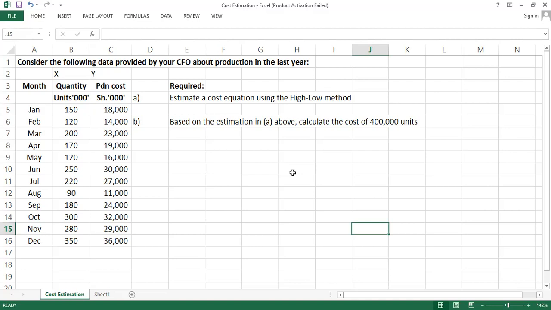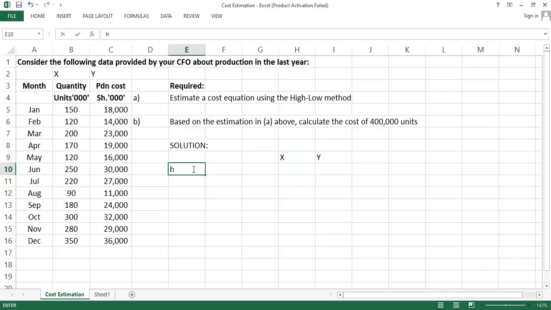Based on that change in X and Y, we determine B, which we then use to determine A. So what I'll do is to say that for the solution, we have X and Y. We have a column for X, and then we have a column for Y.